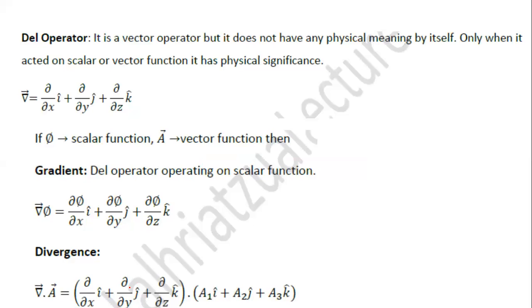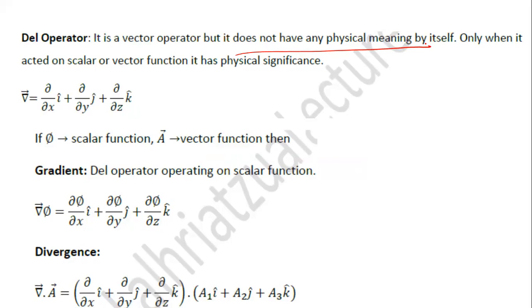Now we have a del operator. It's a vector operator in the sense that when it operates on scalar quantities, it becomes a vector, right? It does not have any physical meaning. If you ask me what is the physical meaning of a del operator as it is, it does not have anything.